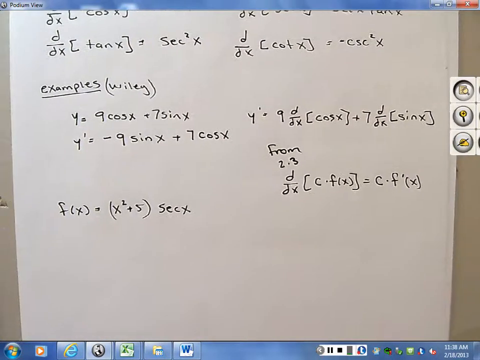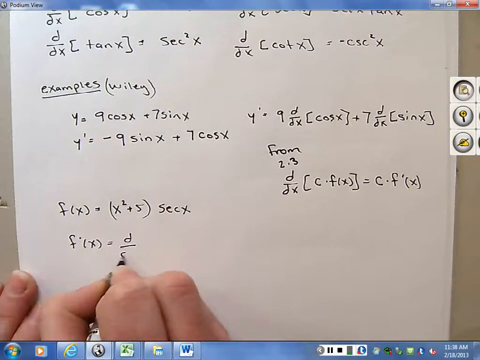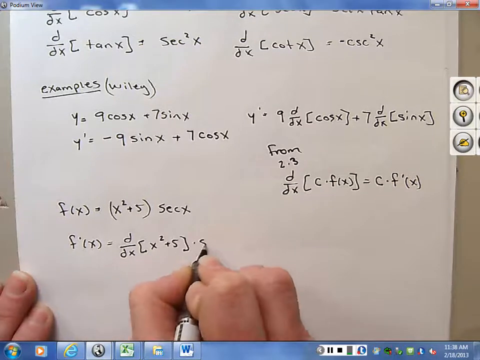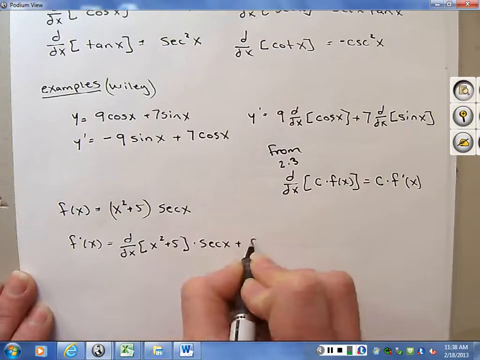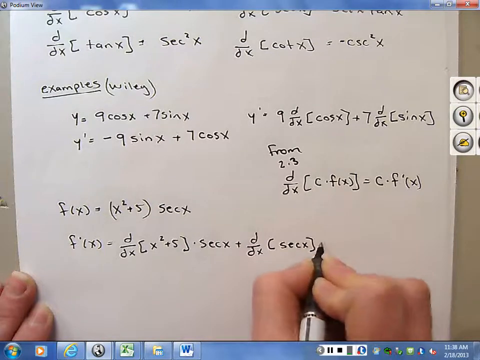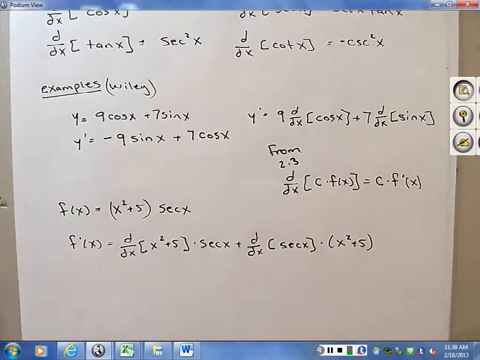The derivative of the first function, hold the second one, plus the derivative of the second one, hold the first. So the derivative with respect to x of the first function, hold the second function, plus the derivative of the second function, hold the first function. Parentheses are your friend.